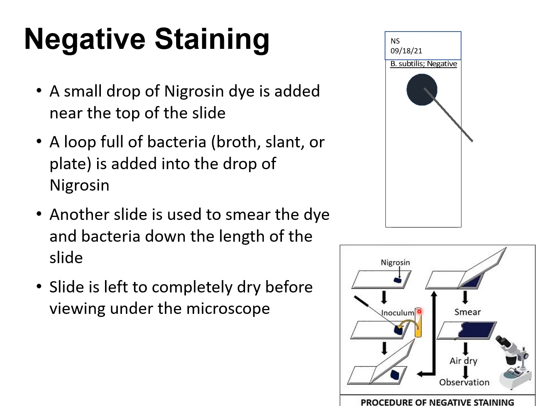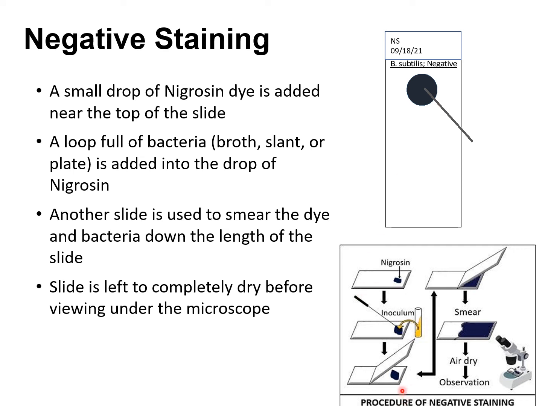Let's say you're grabbing it from a slant, or from a plate, or from a broth. Go ahead and put an inoculum of your bacteria into the nigrosin, and mix it in. But this time, don't use your inoculating loop to smear it all over your slide.